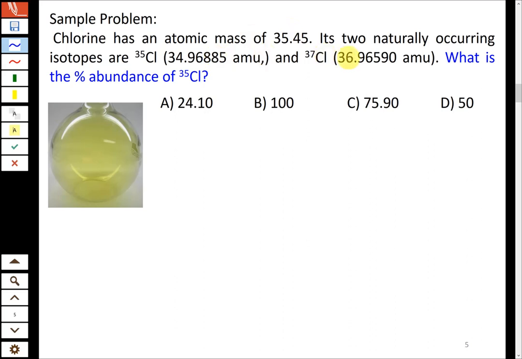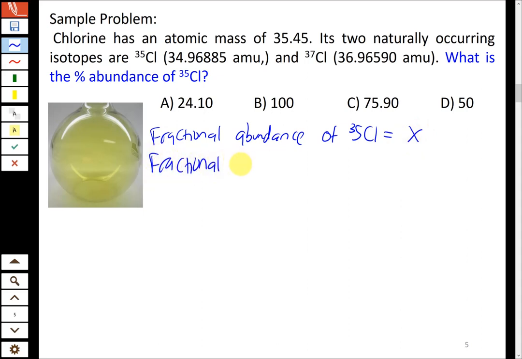So what we're going to do in this problem, just to keep things a little bit simpler, is define these two fractional abundances as variables x and y. That way I don't have to write out fractional abundance a million times. So the fractional abundance of, let's say, 35Cl, the first isotope, we'll call x, and the other one we'll call y. Again, that's mainly just to simplify the algebra and how much I have to write.